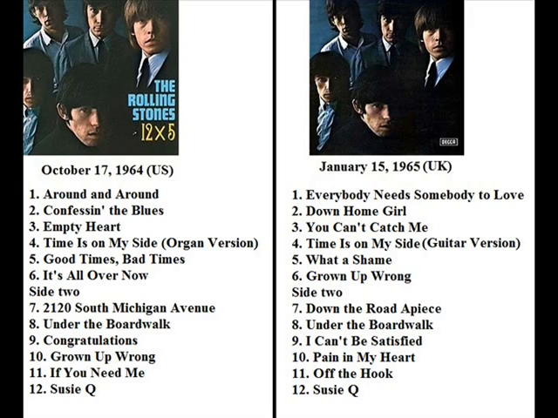So I guess they wanted to put UK tracks on the album. And then the version of Time Is on My Side is a little different. It's the organ version.